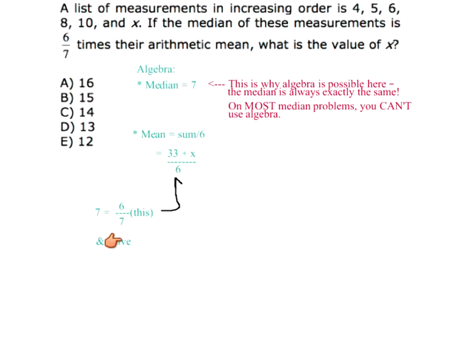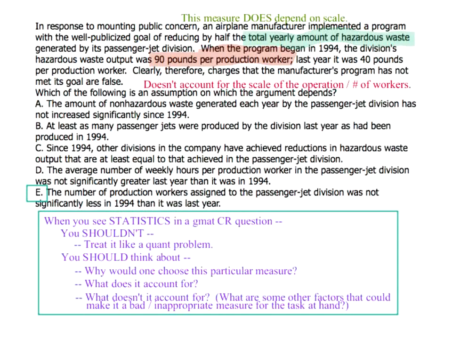The 6's would go away, so you'd wind up with 7 equals (33 plus x) over 7. If you don't understand how that works, you might want to check the Foundations of Math book or something where they talk about math with fractions. But we've got to close the curtains here just about now. We're going to keep doing statistical critical reasoning problems next time.